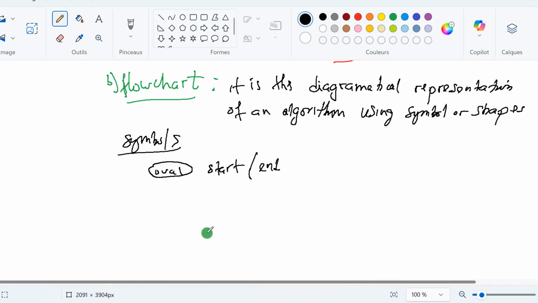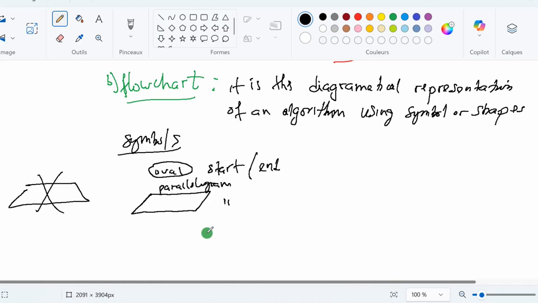Good. So after oval here, the next very important symbol is this parallelogram. I repeat again, parallelogram. I'm seeing some students when I'm making exam drawing a trapezium. I don't know. You don't know the difference; there's nothing as trapezium here. It's parallelogram. Good. Now what is this parallelogram used for? Input or output. Only.